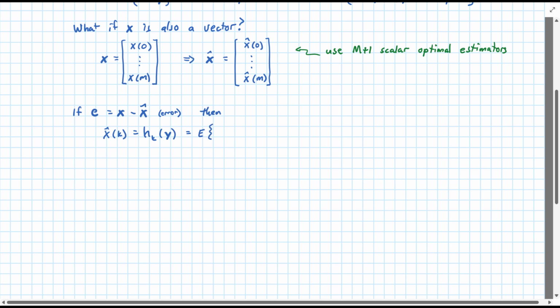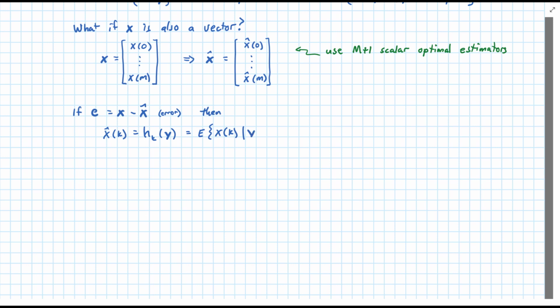And as mentioned before, that's simply this. And that minimizes the expected value of our error squared.